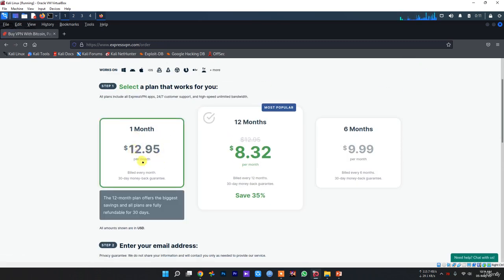So as I said, it's $12 per month, and I think this is the premium and the best you can get at this price.